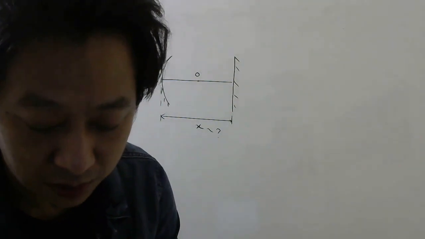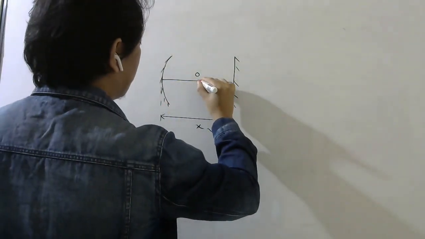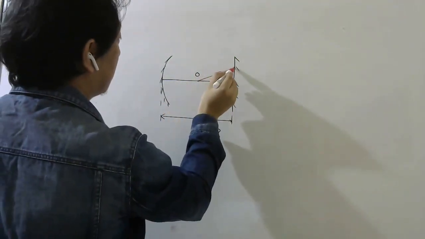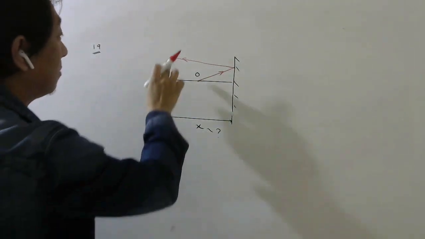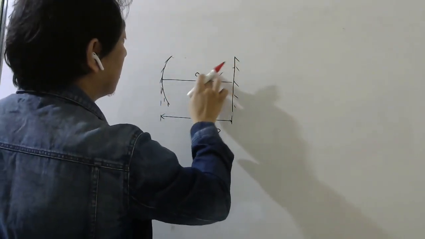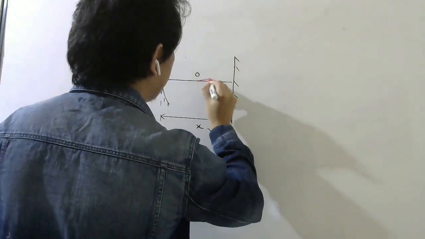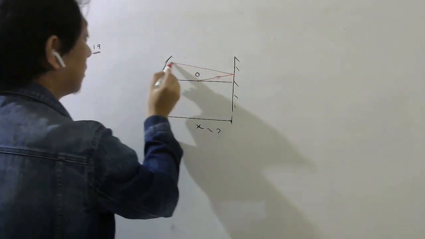Now in the question, a beam of light after hitting the mirror will go like this, right? So it may not look perfect, so let me draw at a slightly smaller angle. So this light will go like this.